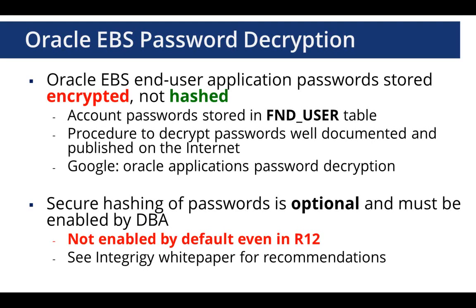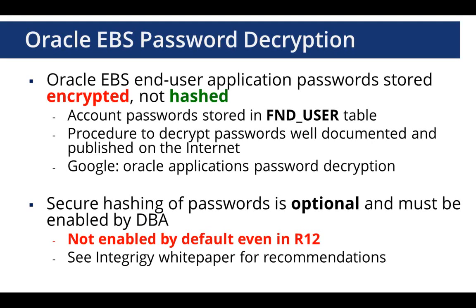By default, even in R12, Oracle encrypts the passwords and stores them in the FND user table. If you Google Oracle Applications Password Decryption, there are very detailed instructions on the internet on how to decrypt all those passwords. So if someone goes into your E-Business Suite environment and has access to the FND user table, they can decrypt all the passwords there.